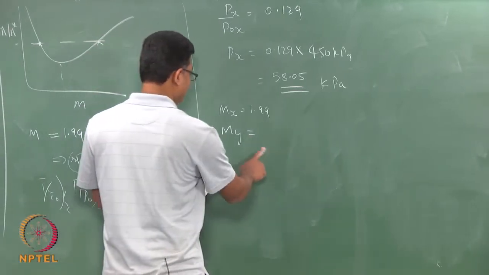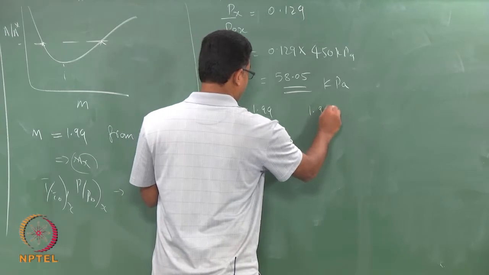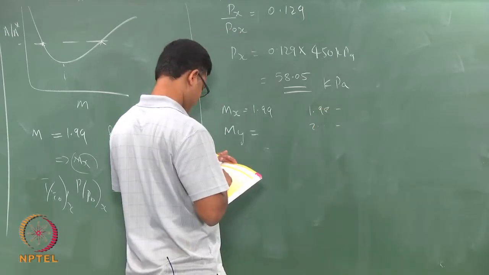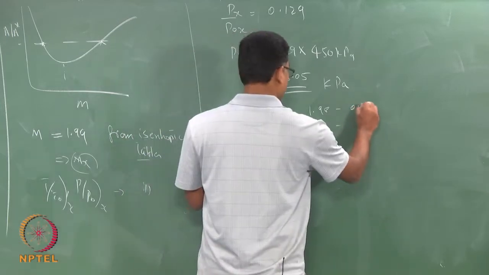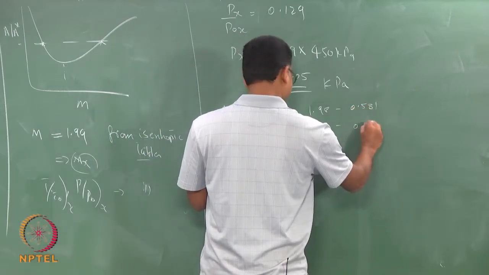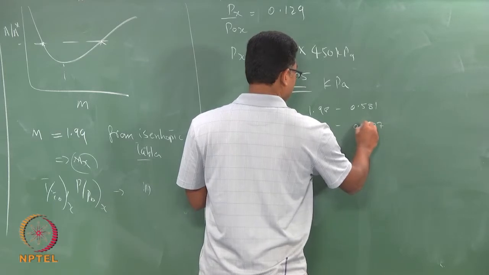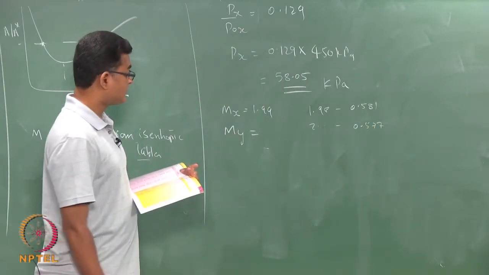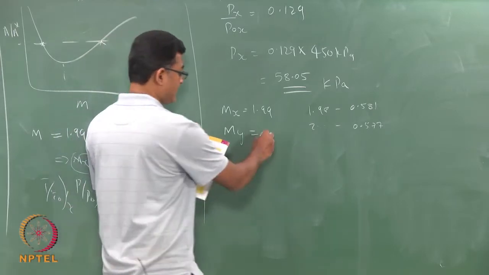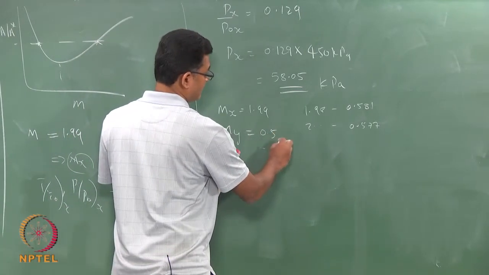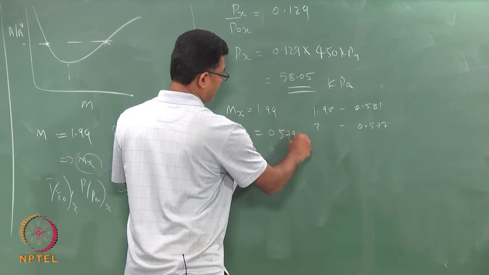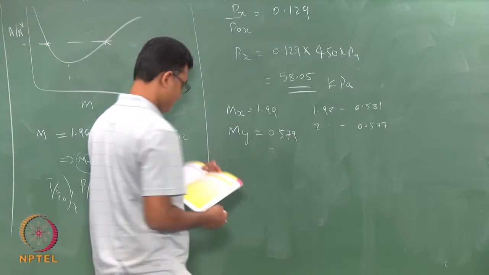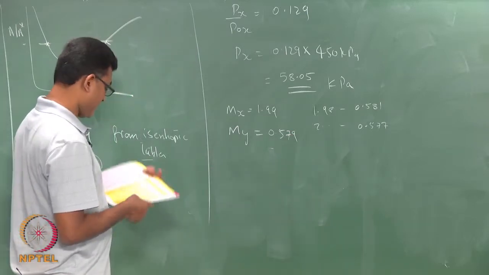So, I have values at 1.98 and 2. The My values are 0.581 and 0.5771. So, ideally you need to interpolate this. So, now let us take the average. So, this would be 0.579. Okay. So, that is my My.